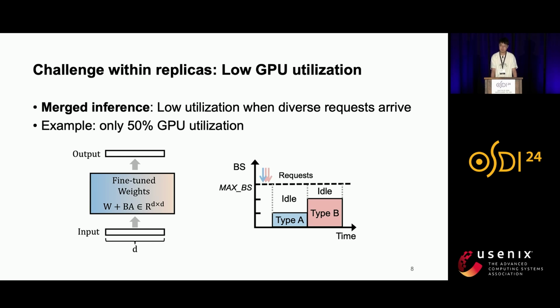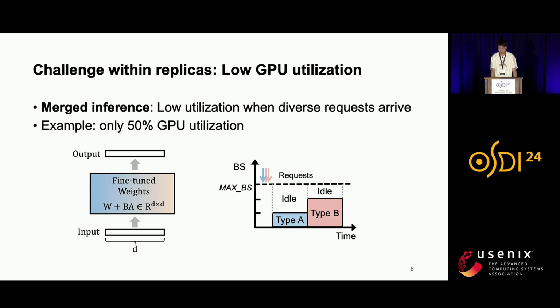First, at the replica level, if using merged inference as the original LoRA paper suggests, where the pre-trained weights are combined with the LoRA adapter, it will cause each iteration to serve only one type of request. When the cloud platform needs to handle multiple types of requests simultaneously, merged inference results in other requests having to wait, thereby increasing the queuing delay.